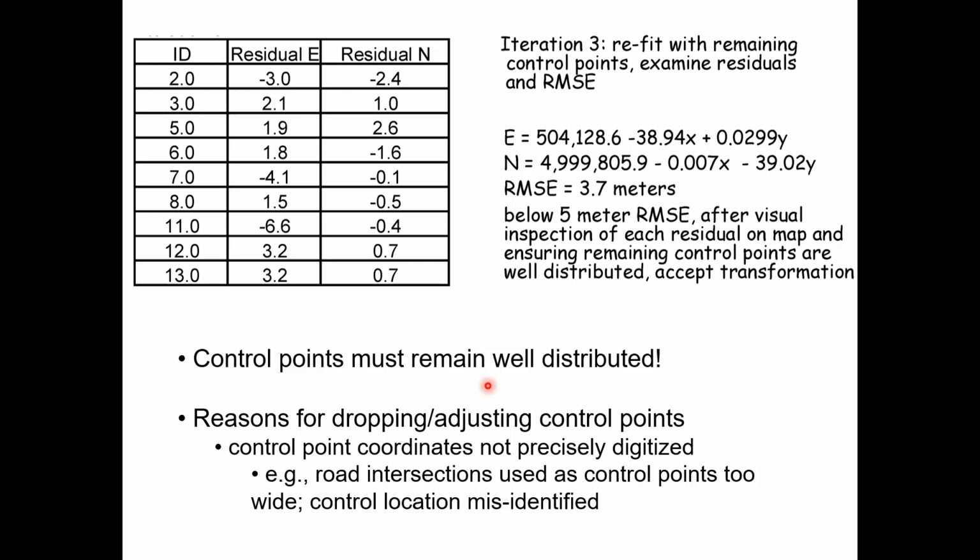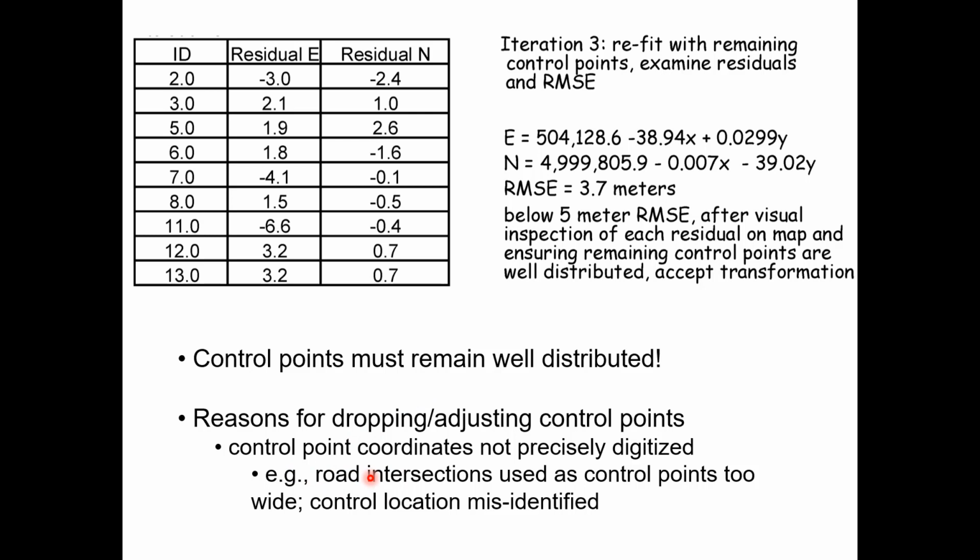And when we think about some of the errors that might take place, why might we need to drop control points? Well, it might be human error. Maybe we just didn't do a very good job. Maybe the intersections that we looked at aren't exactly in the same location. They might appear that way on the map or the image that we're looking at, but maybe they're just not in the same exact location anymore.